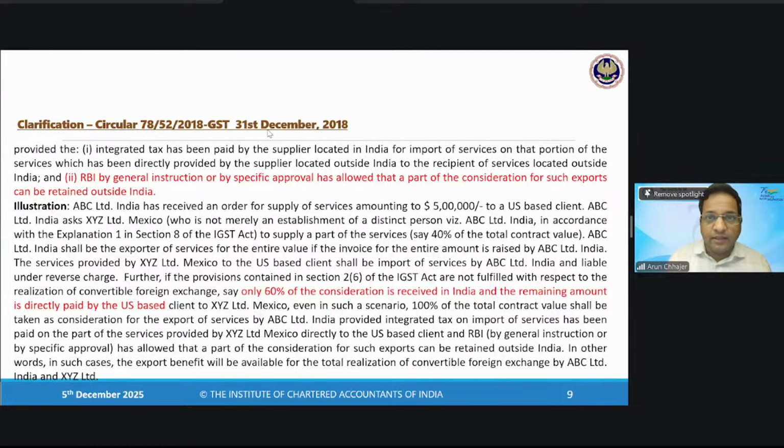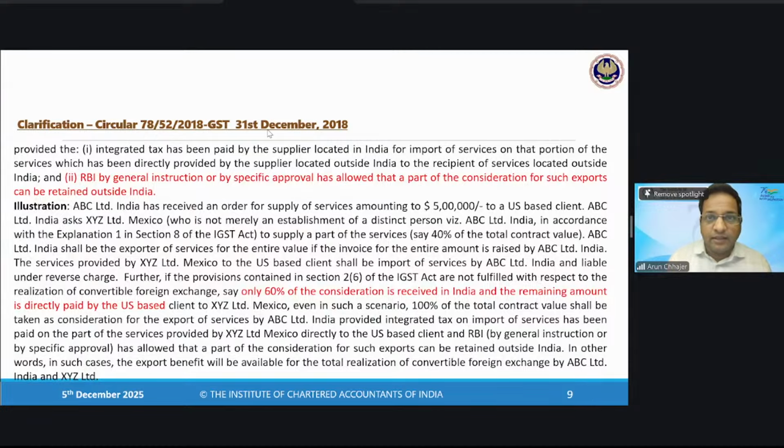Okay. So you can read this example. ABC Limited India has received an order for supply of service of rupees 5 lakh to US based clients. ABC India asked XYZ Mexico, who is not merely an establishment of a distinct person in accordance with explanation 1 to section 8, to supply part of the service, say 40%.